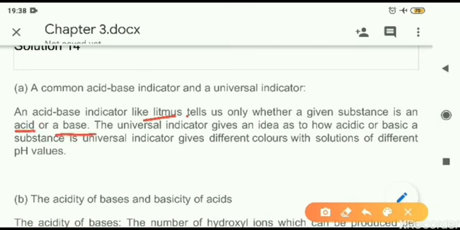But a universal indicator will tell how acidic a substance is, the concentration of hydrogen ions, whether it is a strong acid or a weak acid, a strong base or a weak base.